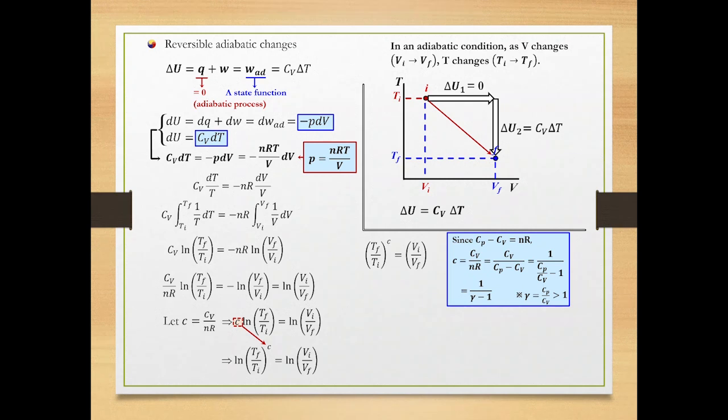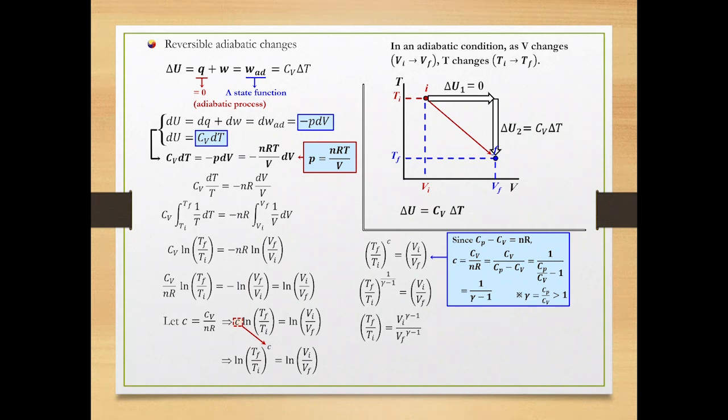Plug this into the equation, and it will lead to this. Now, raise both sides of the equation to the power of gamma minus 1, which would lead to this. The exponent, gamma minus 1, can be distributed to both numerator and denominator like this.